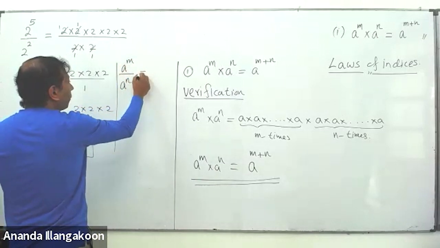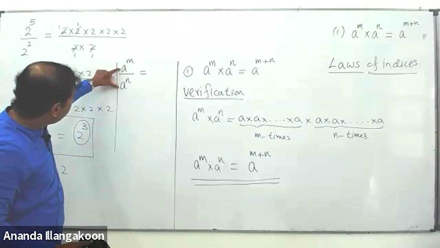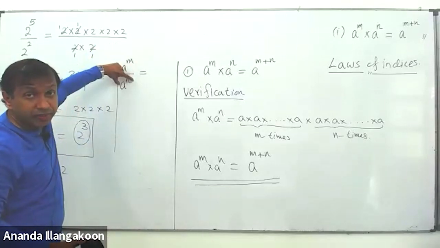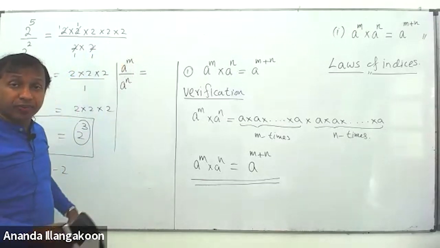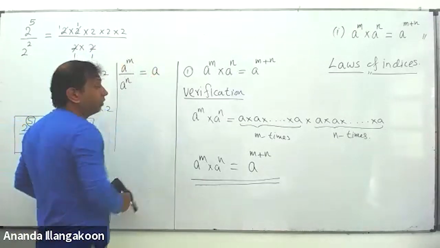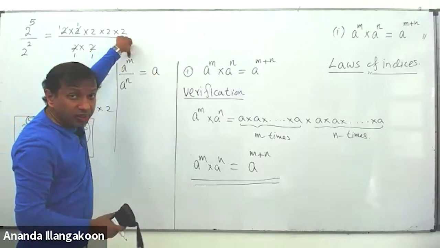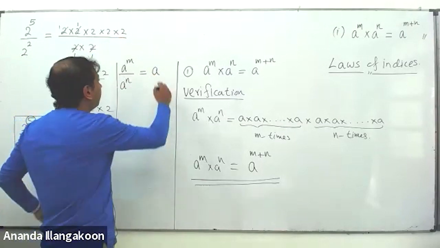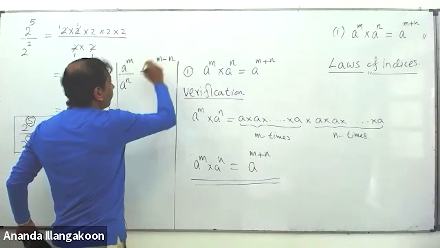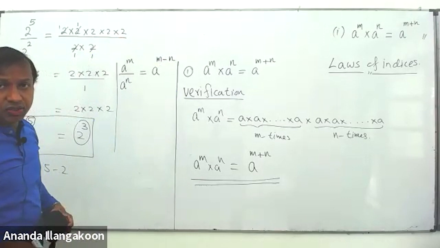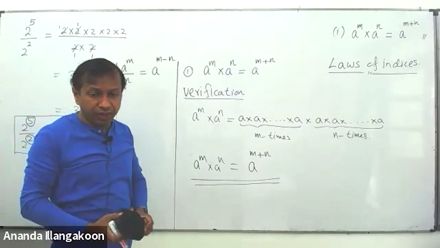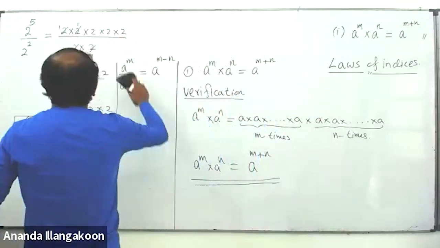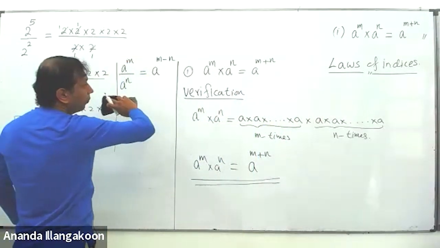If the bases are the same and the two numbers are being divided, then the answer is a to the power, numerator index minus denominator index, m minus n. That is the second index law. Understood? Then shall we write down the second index law? Write down number 2, the second index law.